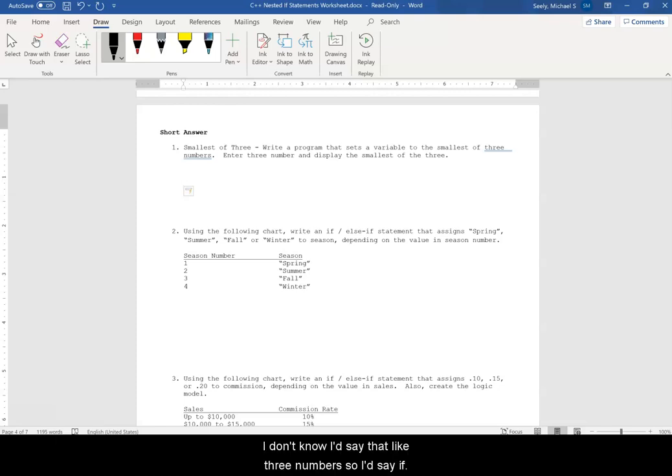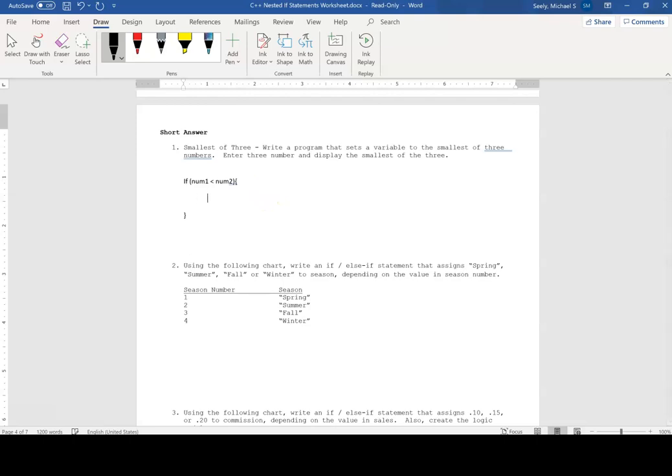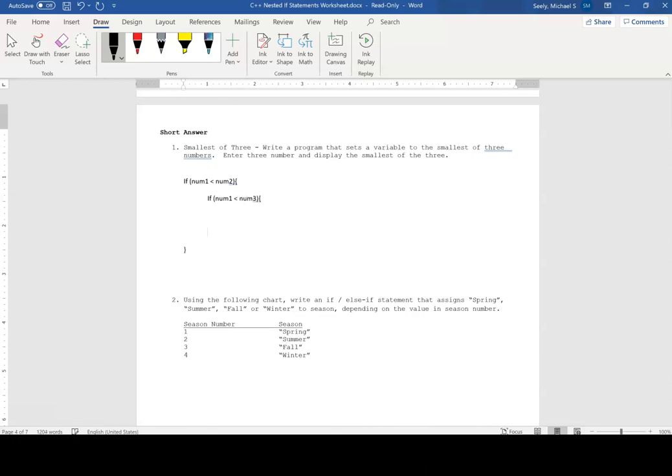I'd have three numbers, so I'd say if num1 is less than num2, then I have to check to see if num1, the smallest, is less than num3, and if it is, then the smallest is equal to num1.